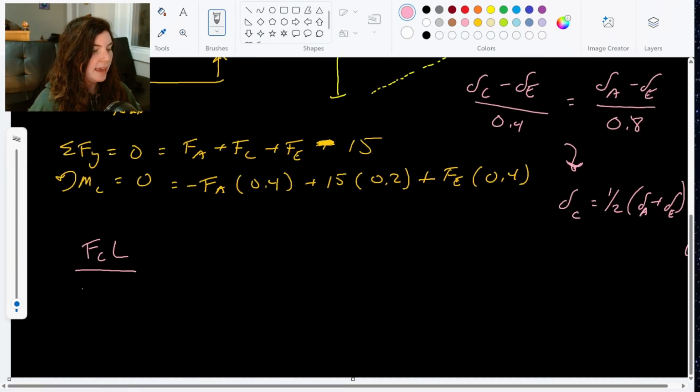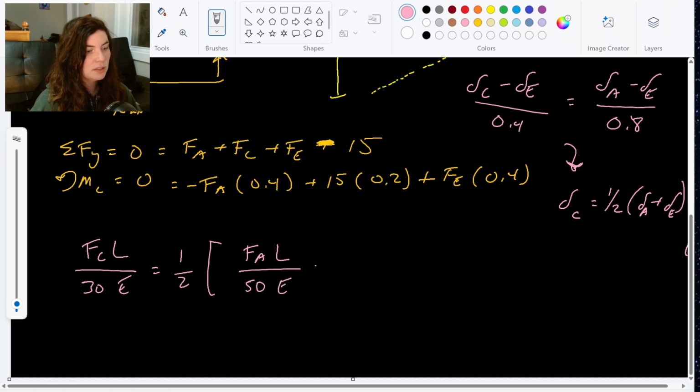So FC times the length over 30 times E is 1/2 of FA times the length over 50 times E plus FE times the length over 50E.